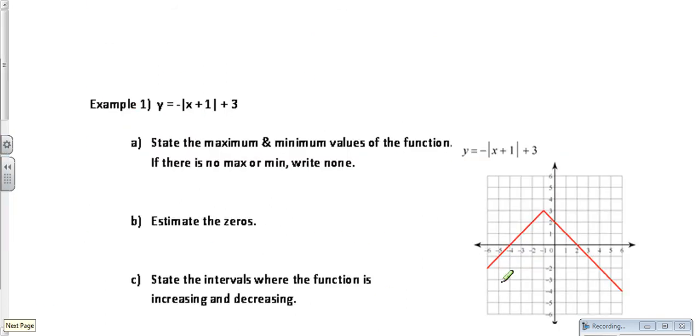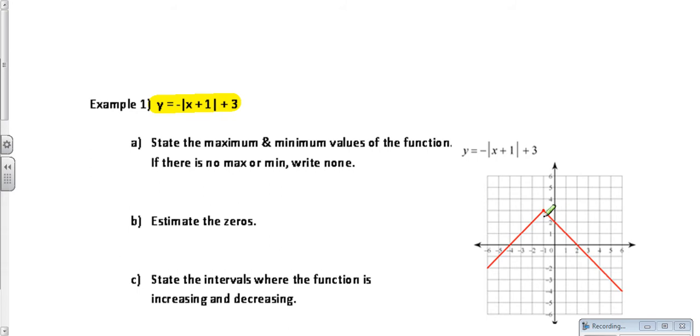Alright, so here is a graph. You have a function and its graph. So based upon the picture, what is the max and the min of this function? Now max would be the highest point. So this would be its maximum right there.